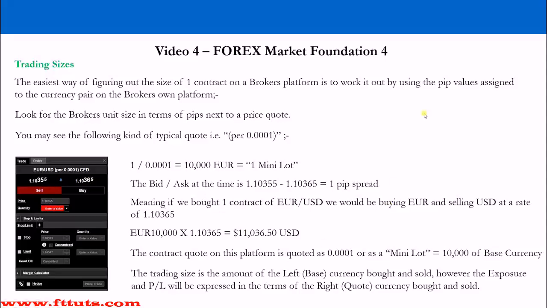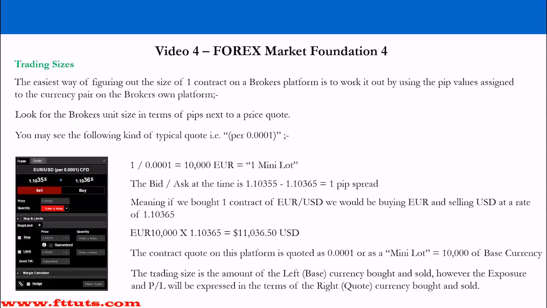So the contract quote on the platform is quoted as 1 pip or as a mini lot of base currency. And the trading size is the amount of the left, base currency bought and sold.